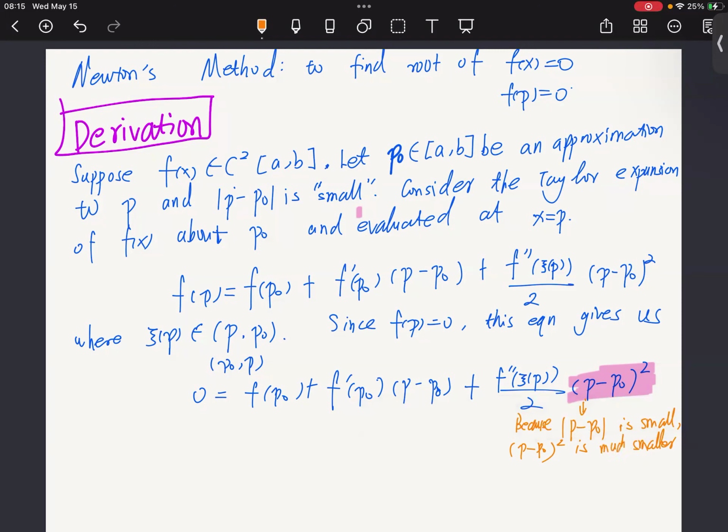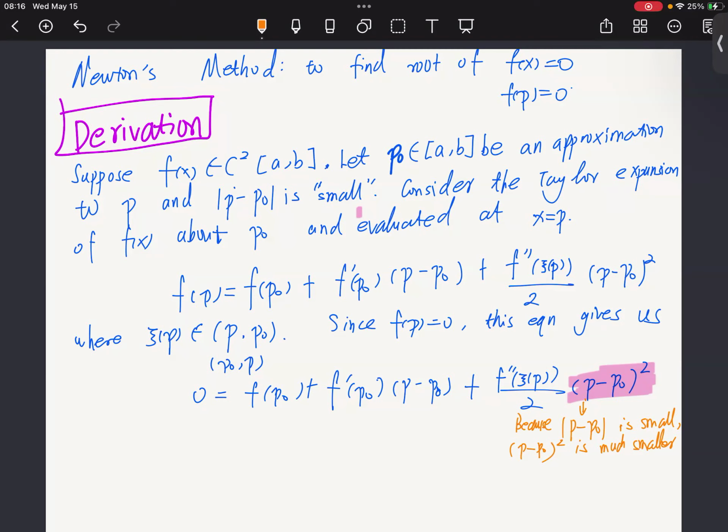Let's say p minus p0 equals 0.1. Then the first term has magnitude 0.1, but the second order term has magnitude 0.1 squared, which is 0.01.